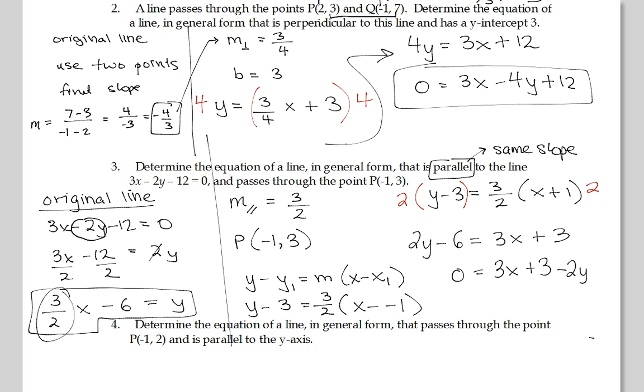Negative 2y. What happens to that negative 6? Positive 6. And then you have to put like terms together. So you got 3x, take away 2y, plus 9. The 9 came from a plus 3 and a plus 6.